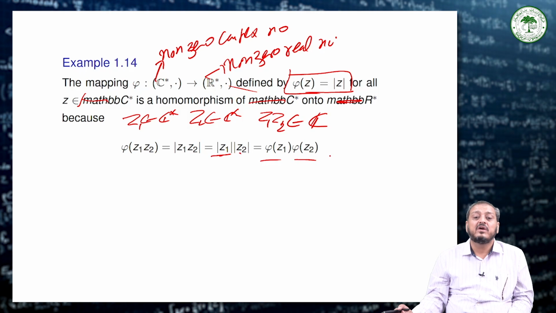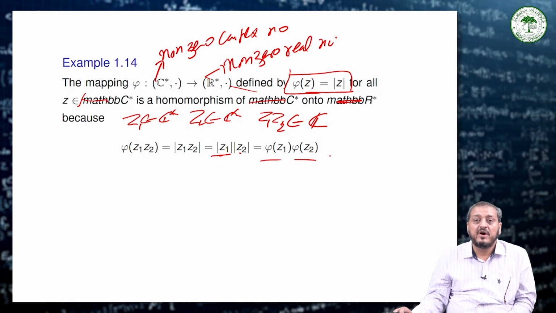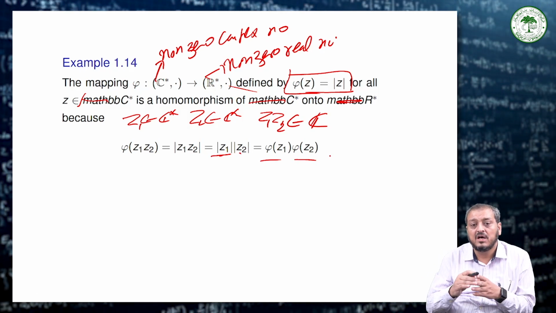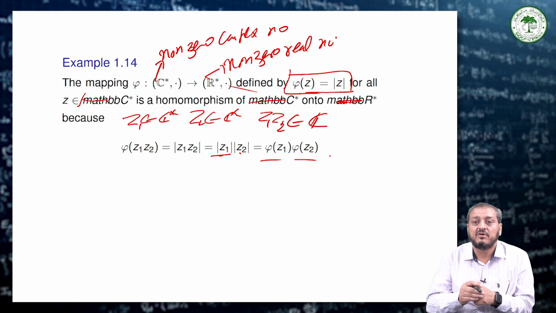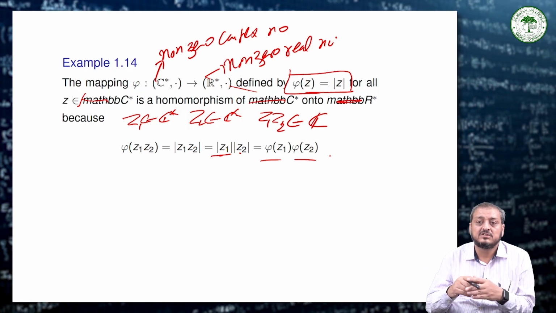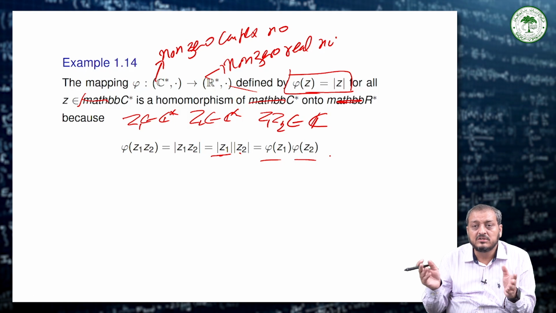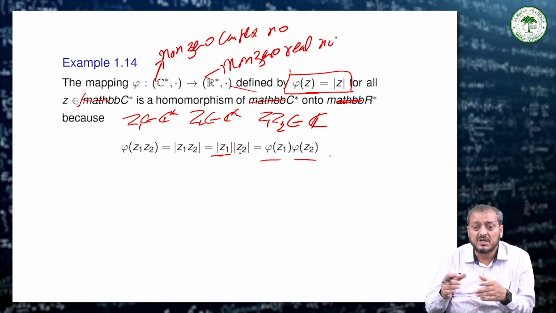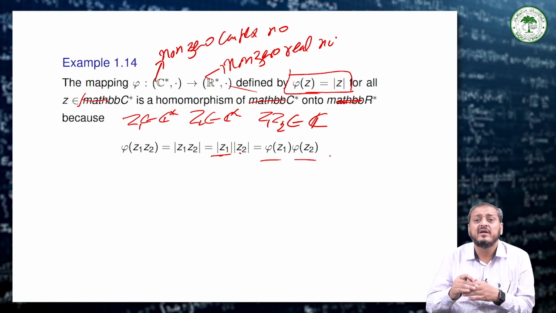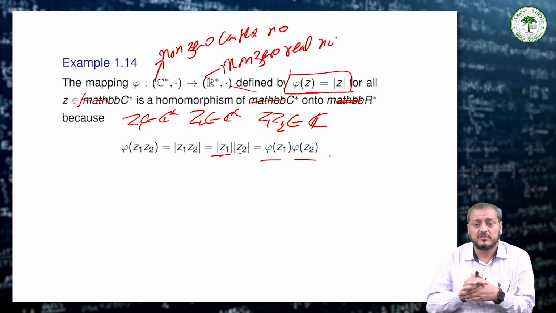So clearly the map phi from C star to R star, defined by the absolute value of z for all z in C star, is a homomorphism.